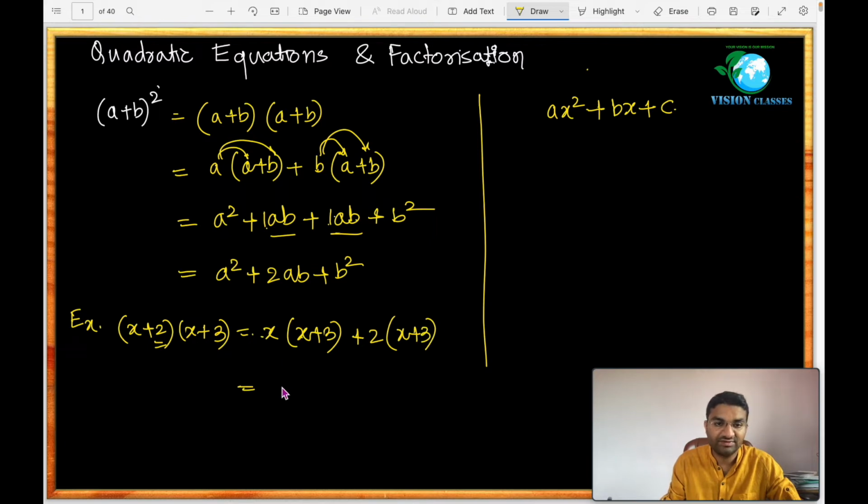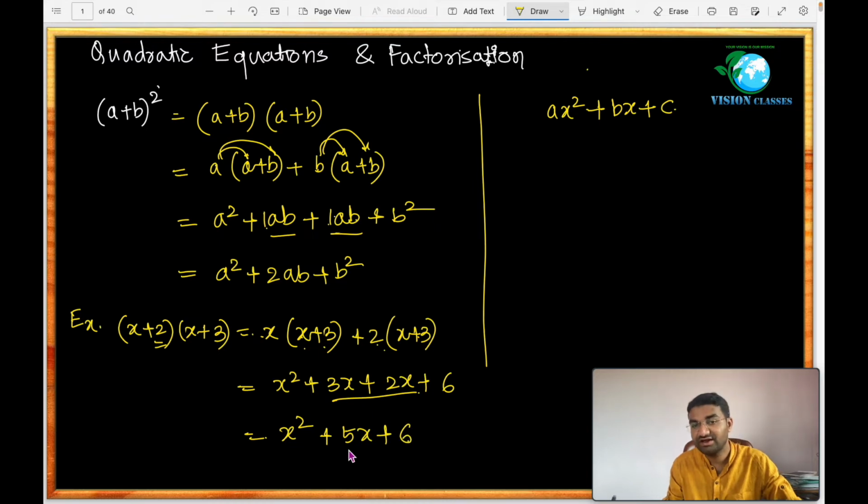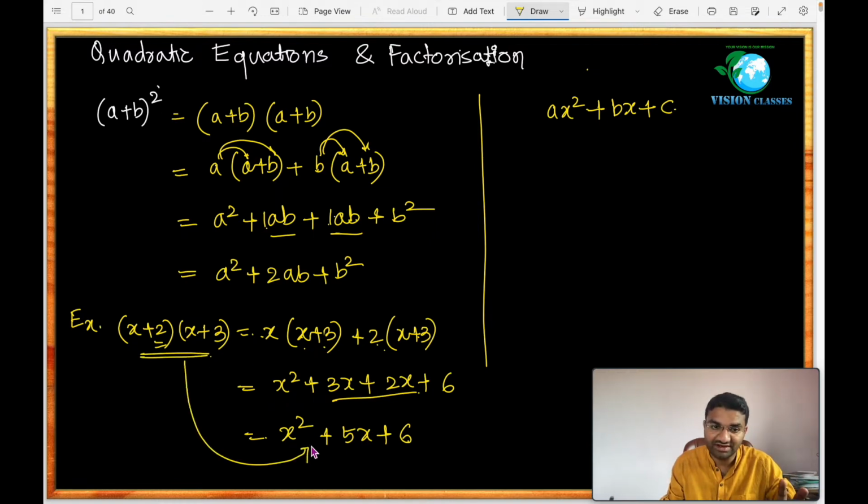So x times x is x square, plus 3x plus 2x, plus 2 times 3 is 6. Then you can add these two terms, because again they are like terms: x square plus 5x plus 6.